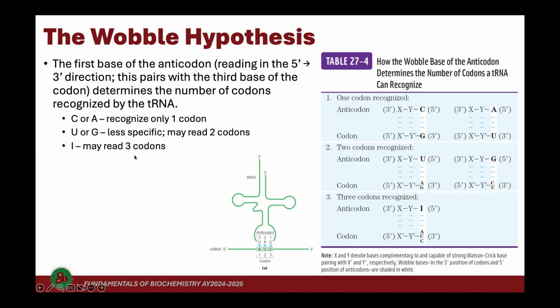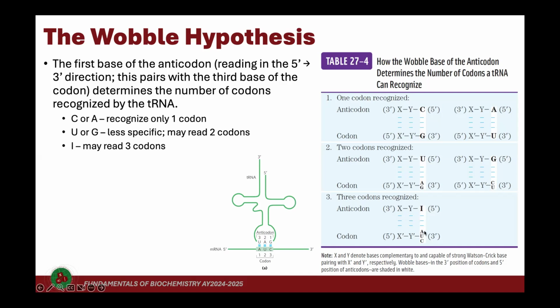Then further observations: if it's a U or a G, this is less specific, so it may read two codons. To be more specific, if you find a U as the first base of your anticodon, then this could interact with an A or a G in your codon. If it's a G, it can interact with a C or a U. And then finally, which was what was just presented, if it's an I, it can read three codons.